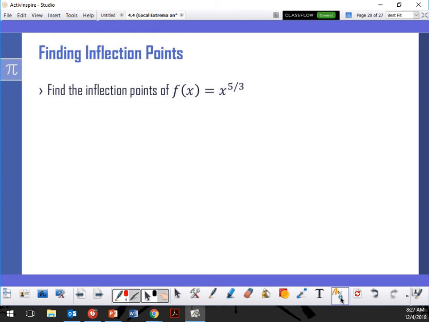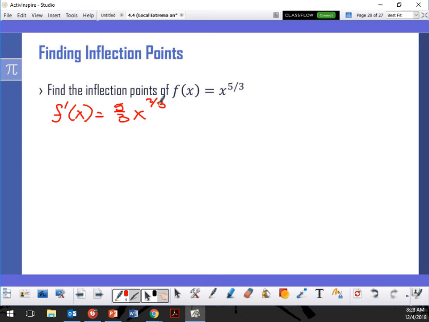So let's start with the first derivative. f prime of x is equal to 5 over 3 x to the 2 over 3. Remember, it's a fraction, I'm subtracting 1. In that fraction, I'm subtracting 3 over 3, right?